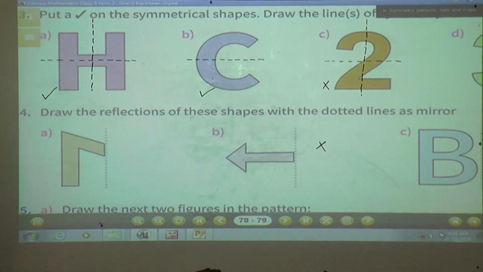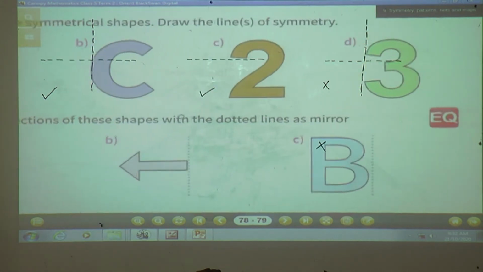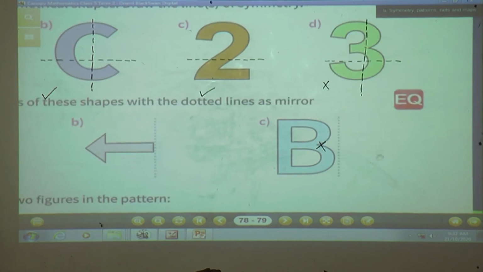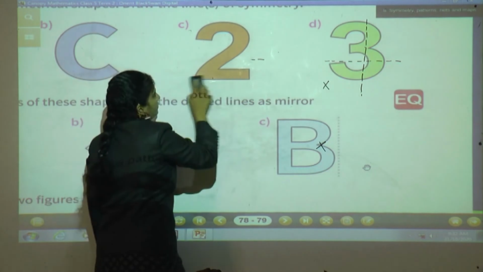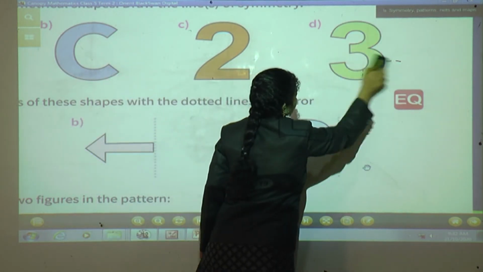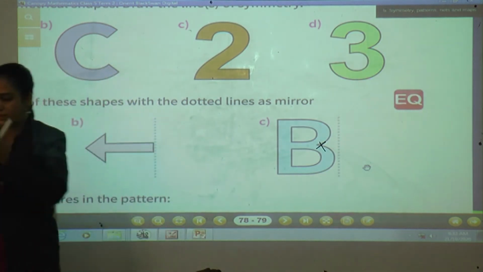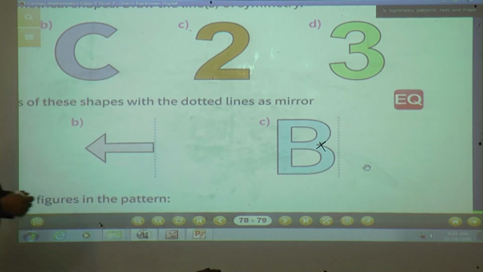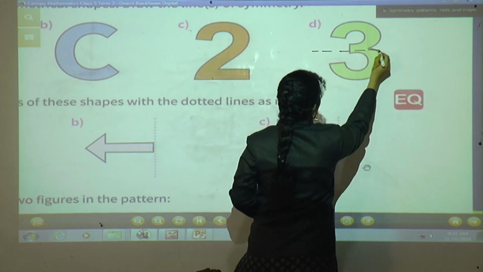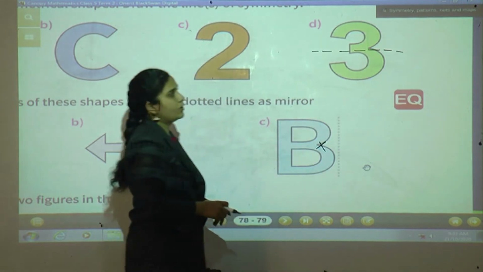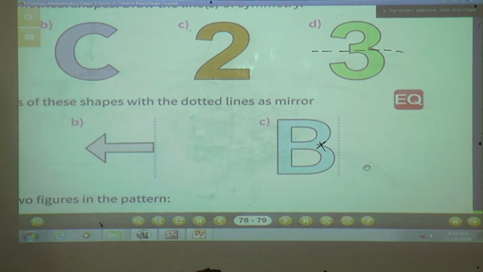Now the third one. Here is the number 3. If I draw a horizontal axis of symmetry, can I get two equal parts? Yes.